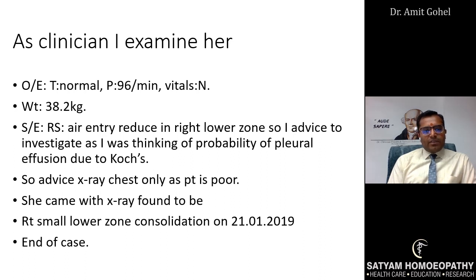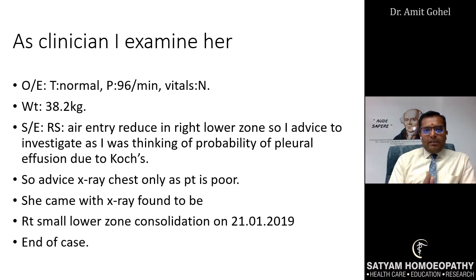So I advised the patient to go for an X-ray. As the patient is poor, I didn't advise any blood investigation. So in the evening, she came with the X-ray report, and the X-ray report shows that there is a small right side lower zone consolidation, and it was on 21 January 2019.